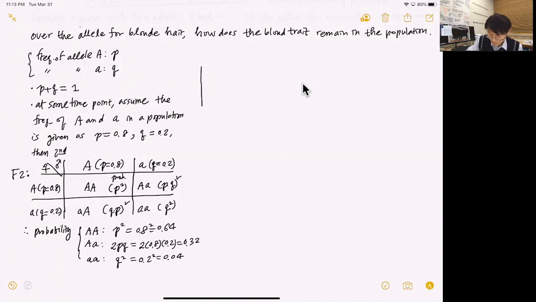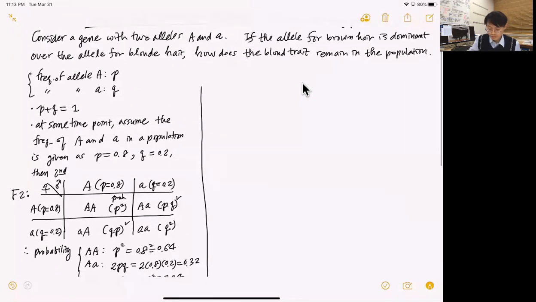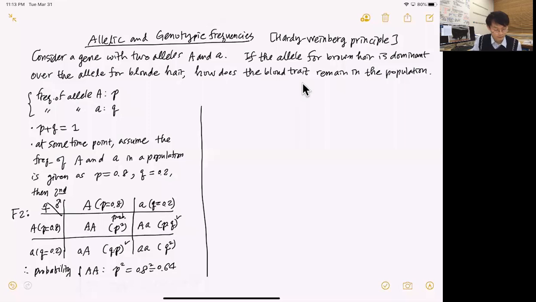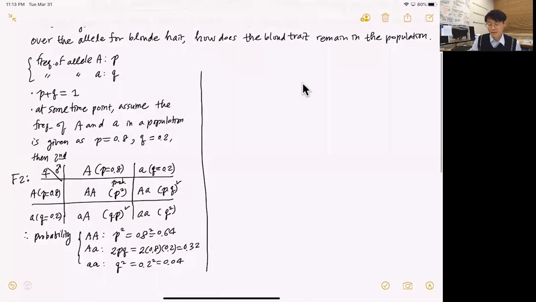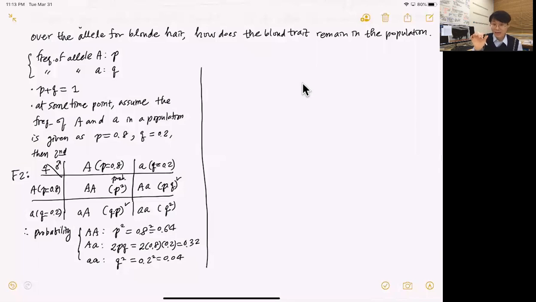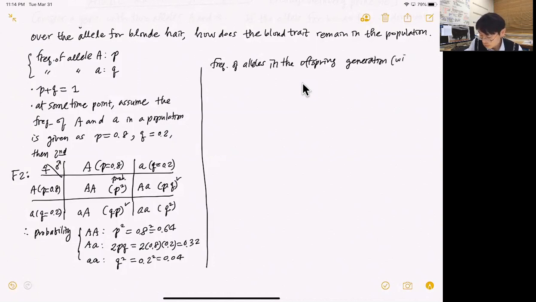Now, to go back to the question of the allelic frequency, let's discuss the frequency of the alleles in the offspring generation. Assume there are n individuals in the second generation.